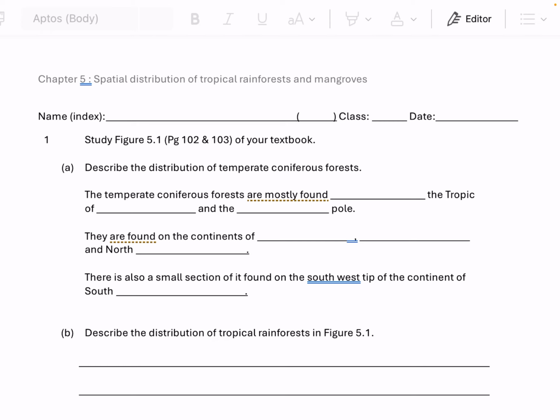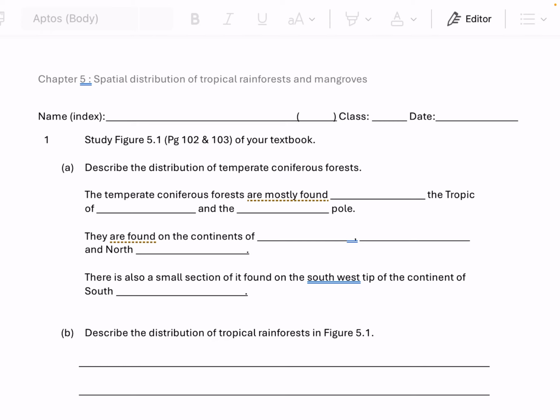Then this is the final portion here. A small section is found on the southwestern tip of the continent of South America. You may be thinking, why exactly do I pick this particular portion out? Because when we're looking at coniferous forests, generally they are in the northern hemisphere.